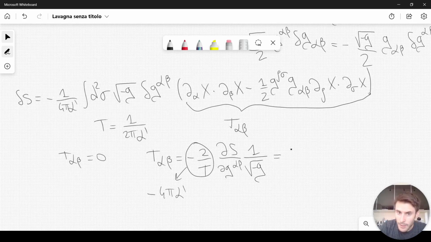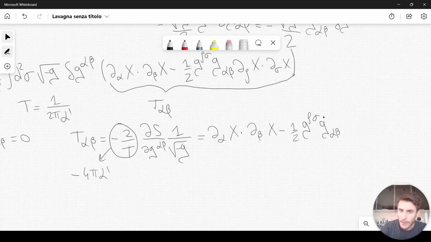Therefore, we must set this equal to ∂_α X · ∂_β X − 1/2 g_{ρσ} g_{αβ} ∂^ρ X · ∂^σ X, and we set it equal to 0.